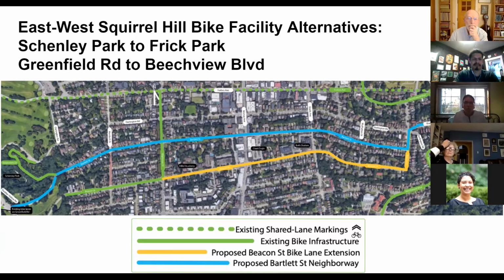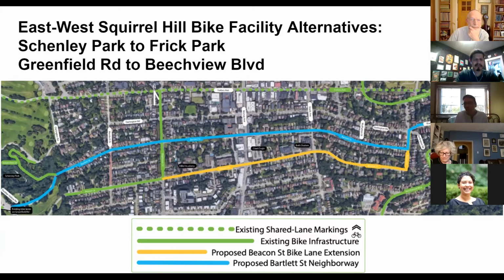Also, Darlington has some pretty high traffic generators on it. In particular, the JCC generates quite a lot of pickup and drop off activity in that first block by Murray. That also just creates more conflicts between motor vehicles and people on bikes.